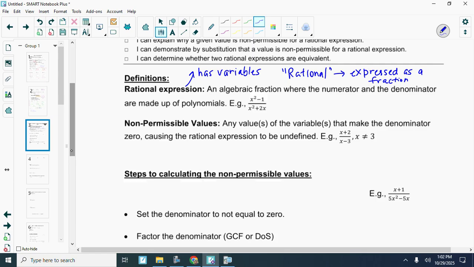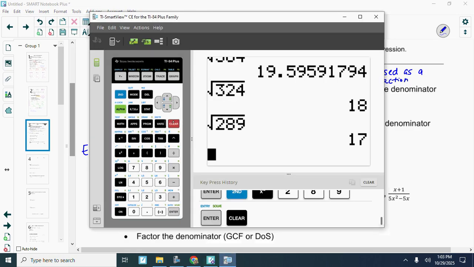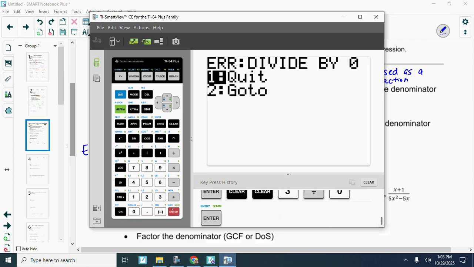So the answer is not 0, it is actually an error. Sometimes it says error, divide by 0. Your calculator knows that you cannot divide anything by 0.